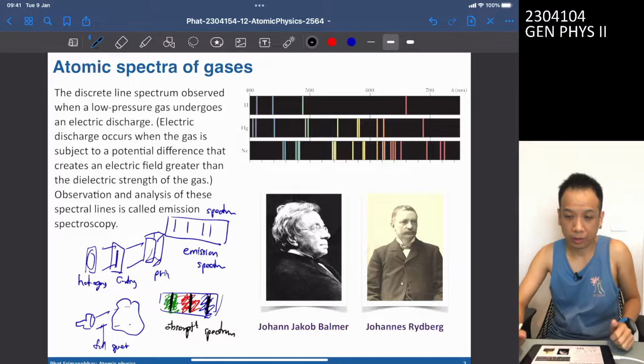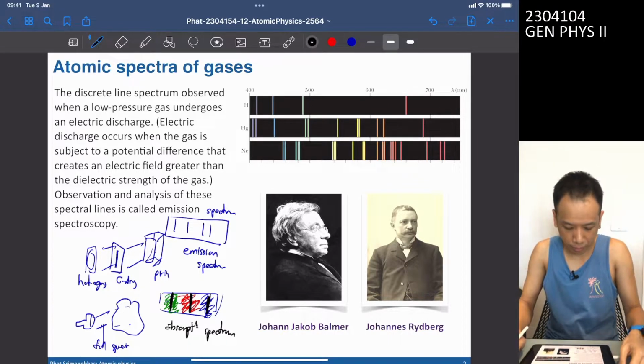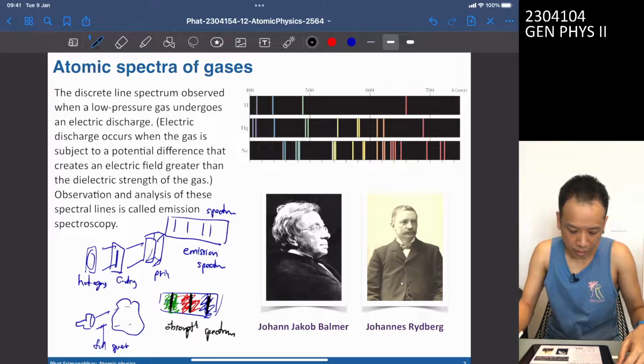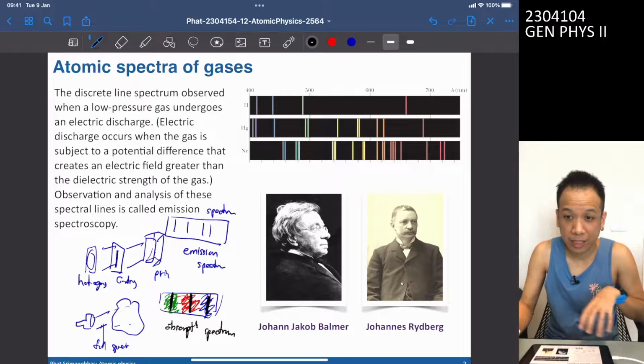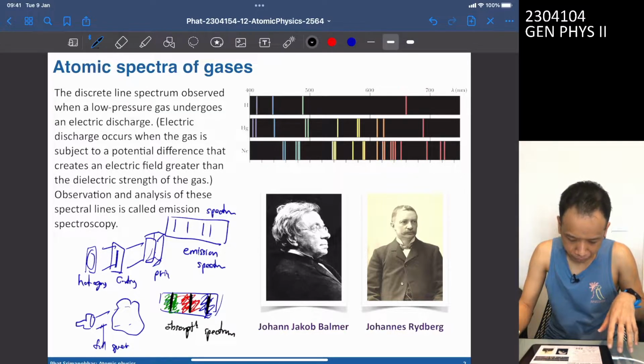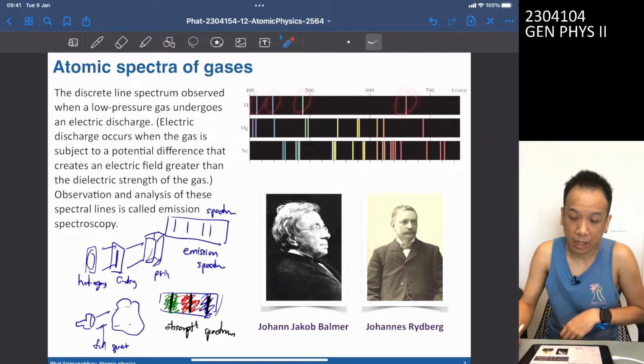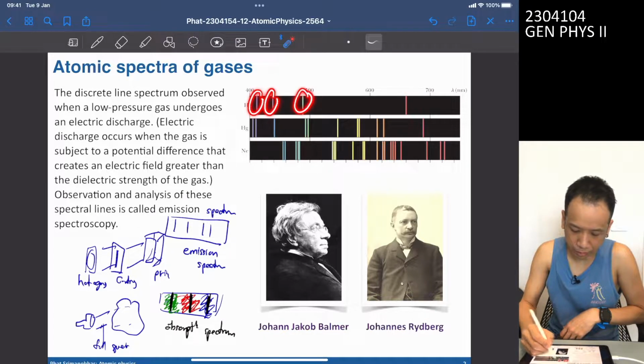In the topic of today, we discuss how we can model the gas, how we can model atoms, that can explain these kinds of spectrums. For example, in hydrogen atoms, you see four clear wavelengths.